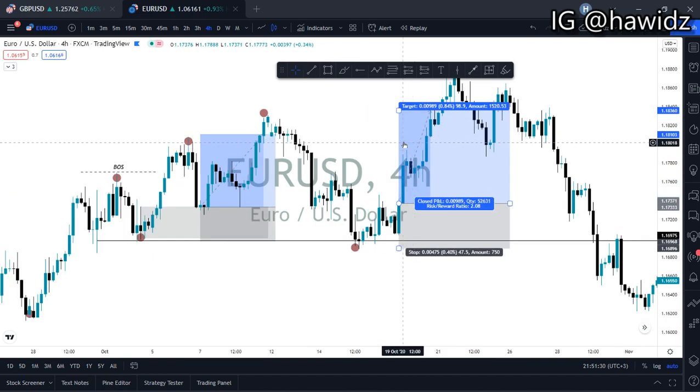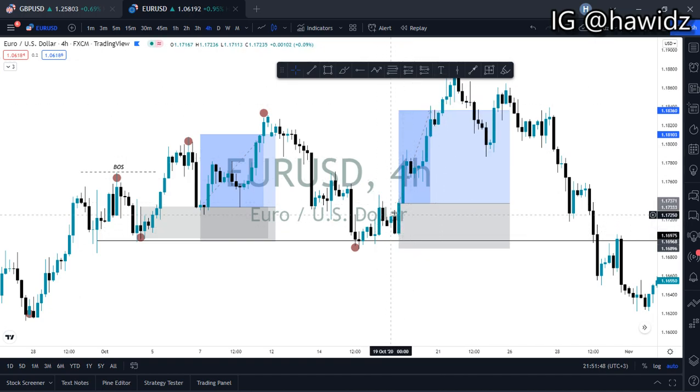So you already have 4 RR within just 2 trades, based on how structure is going with S&Ds, because as you can see clearly, this is our last down move right before the up move.